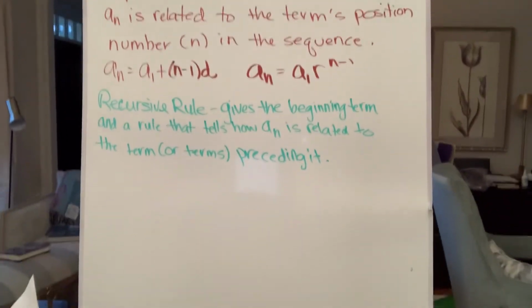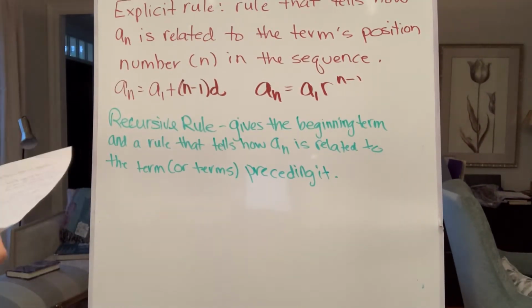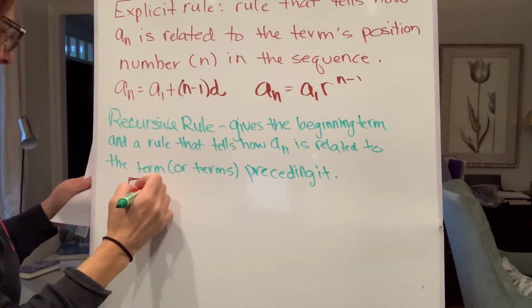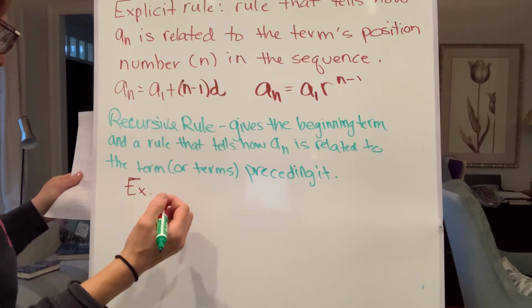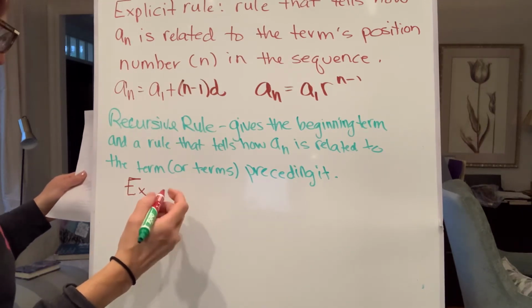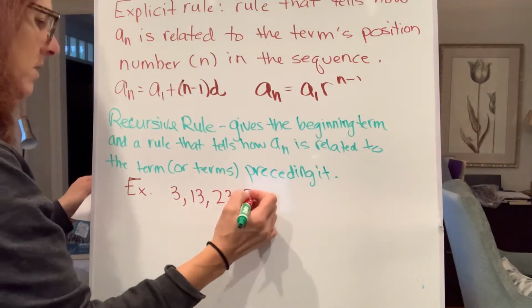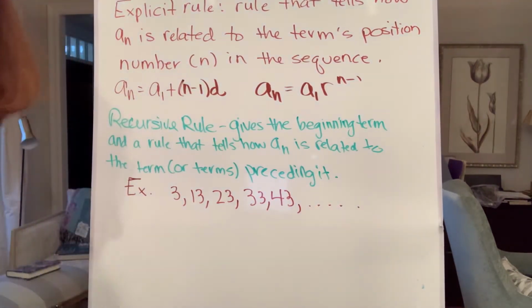All right, so for example, if I had the sequence 3, 13, 23, 33, 43, keep going.